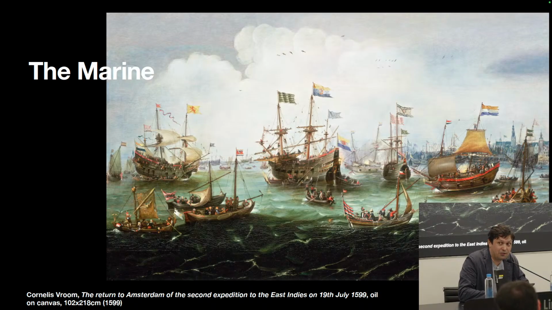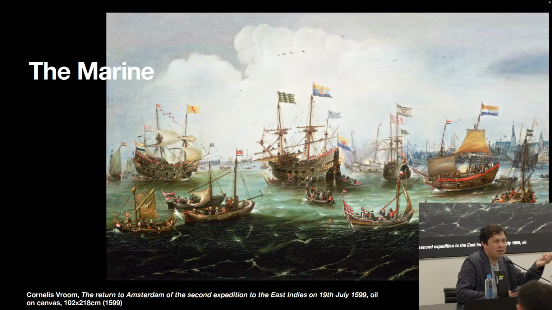As she points out, these paintings were also really history paintings, related to documenting either military encounters, particularly against the British, this Dutch-British competition on the shores, or, here, the return of a second expedition to the East Indies, an important moment. So it's celebrating an event.